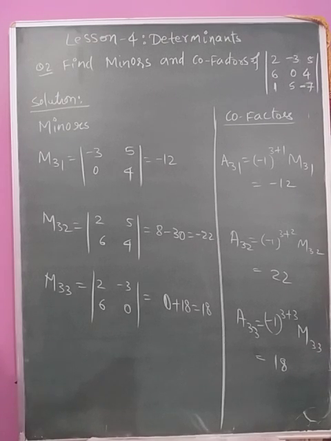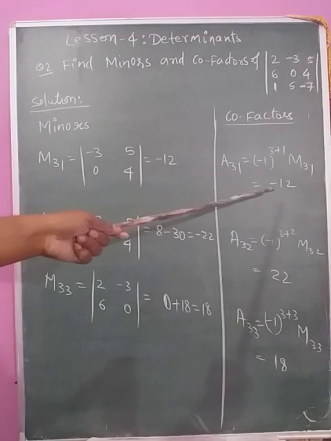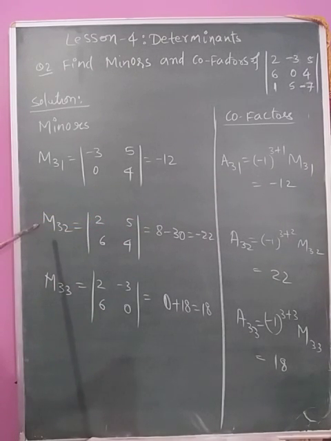And minor M31 is equal to, after delete third row and first column, we have determinant of minus 3 5 0 4, and their determinant is minus 12. Corresponding cofactor is minus 12 also. M32 is equal to determinant of 2 5 6 4.